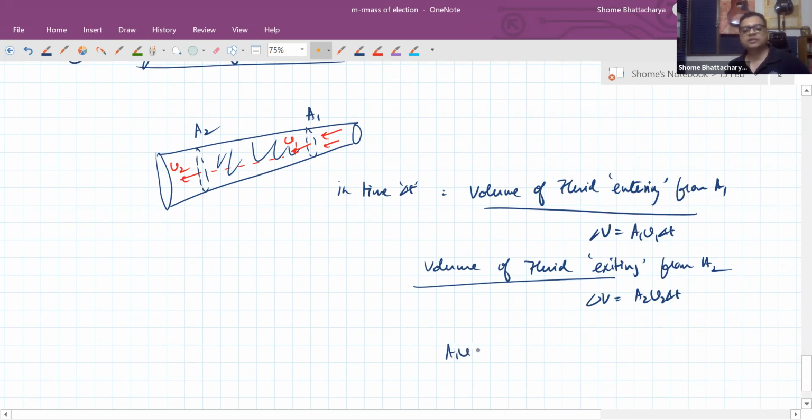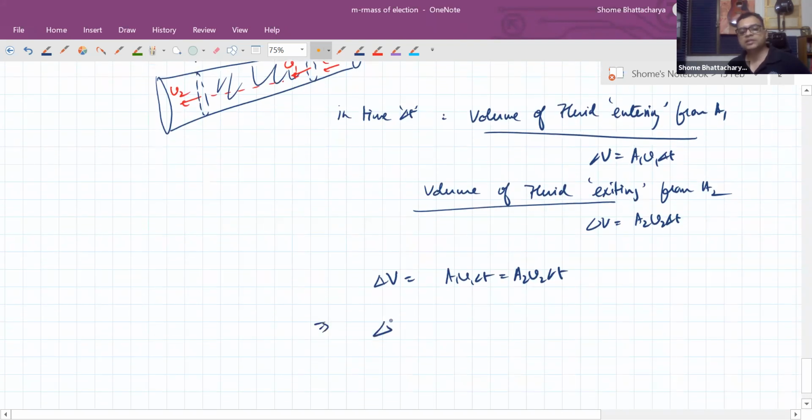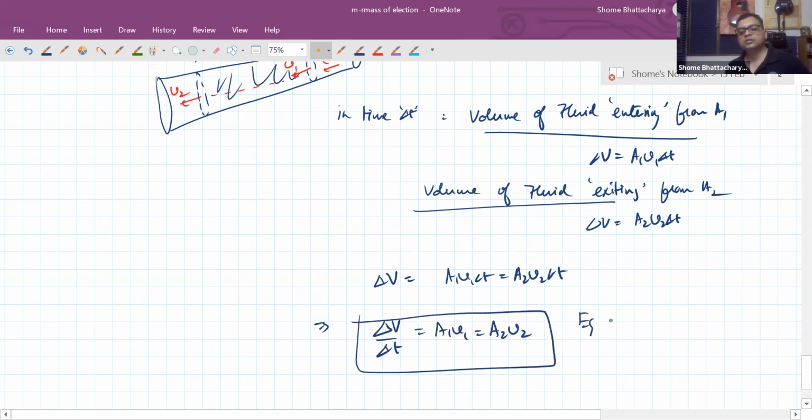So A1 V1 delta t must be equal to A2 V2 delta t, which is the volume rate. So what the equation of continuity says is that delta V by delta t, the volume rate of flow, is the same at all positions. A1 V1 is equal to A2 V2. So this is our equation of continuity.